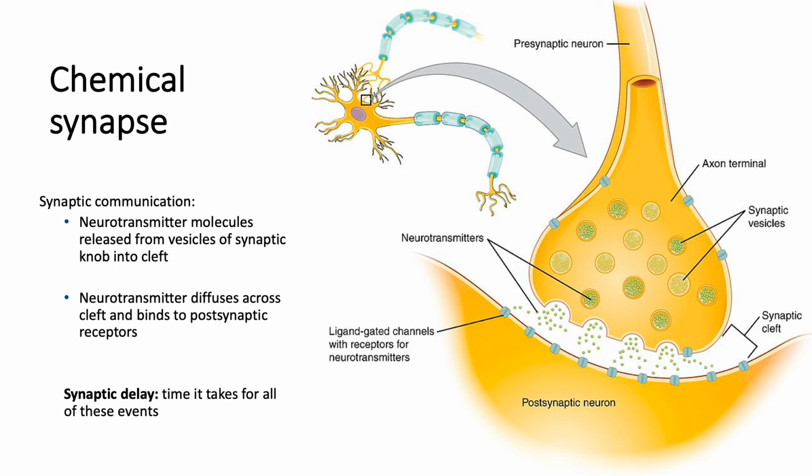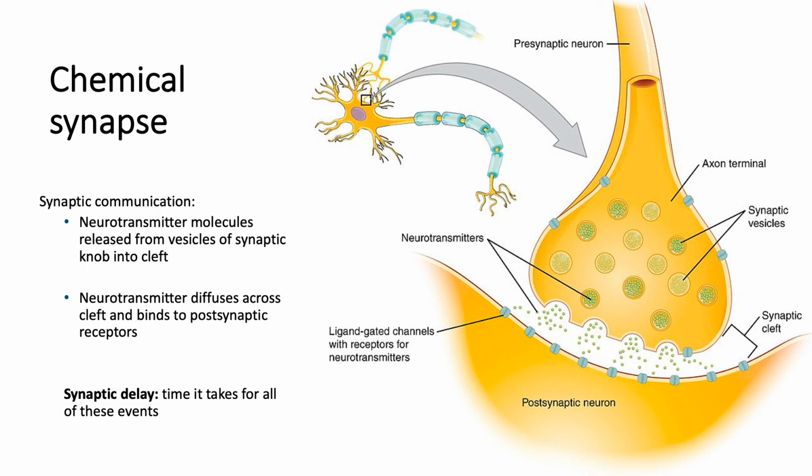So with the chemical synapse and the synaptic communication that occurs, it involves a neurotransmitter diffusing across the cleft and binding the postsynaptic neuron. So you've learned by now the chemical electrical changes that occur to get that vesicle within the presynaptic terminal, that synaptic knob, to fuse to the wall and dump its contents.